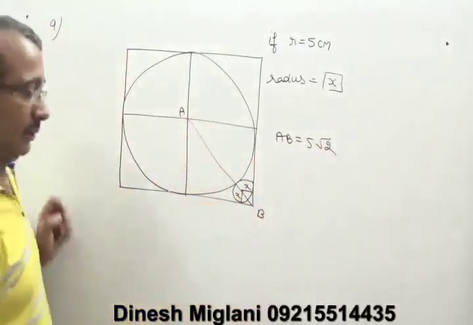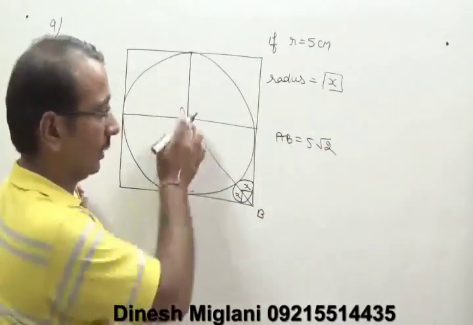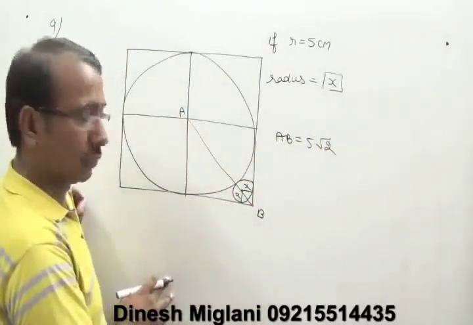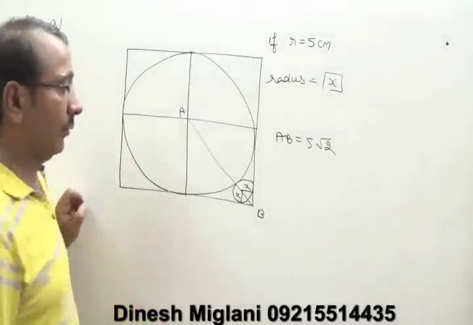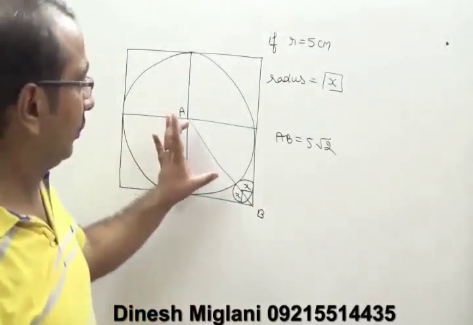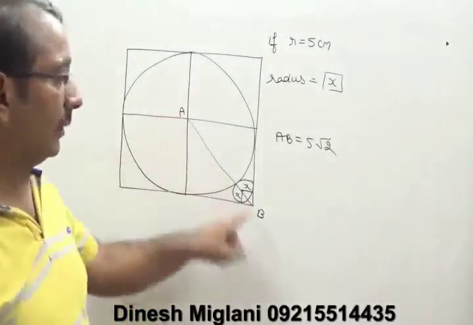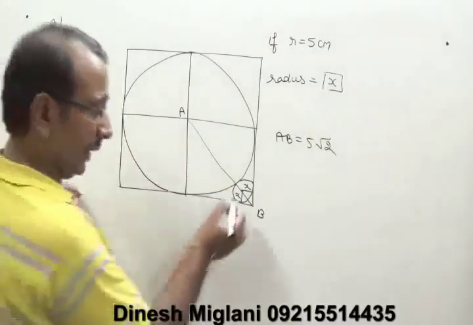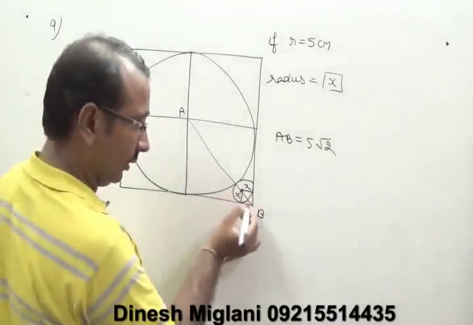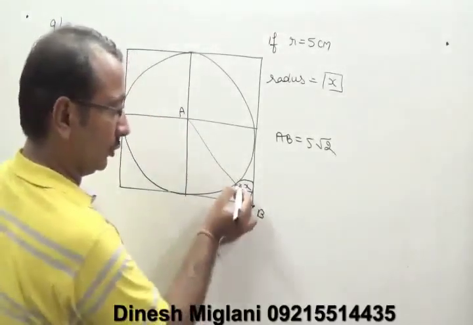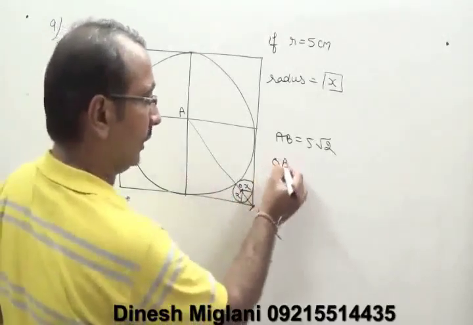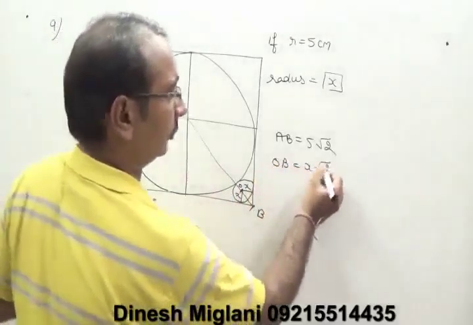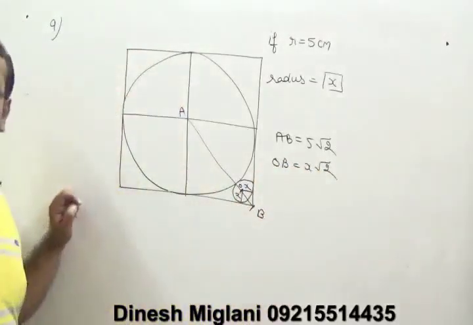Okay. Then what I can say now, the complete is said to be 5 root 2. Now further, if I take this to be X, this to be X, so from here to here, suppose this is O. So I may say OB is said to be X root 2.